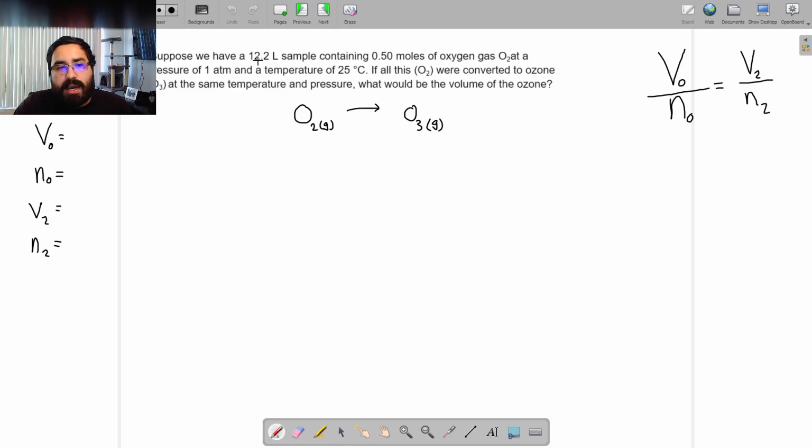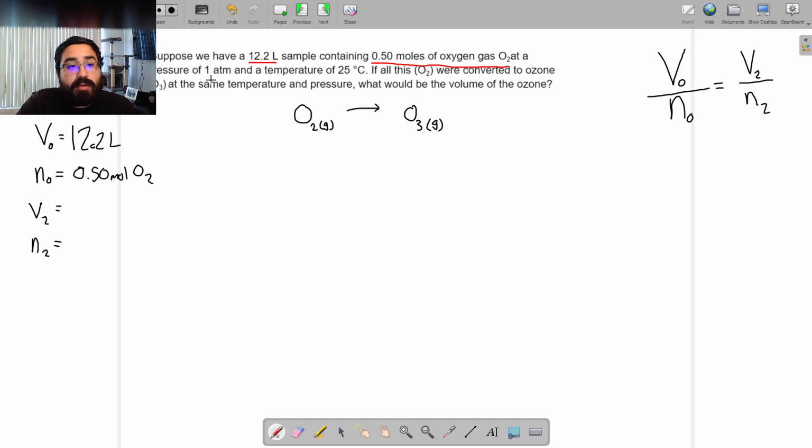So suppose we have a 12.2 liter sample containing 0.50 moles of oxygen gas. So we have 12.2 liters of oxygen gas, and then we have 0.50 moles of O2.